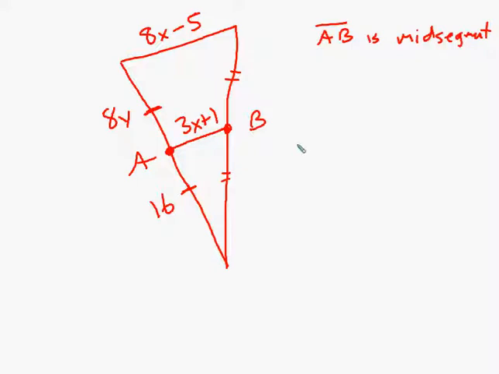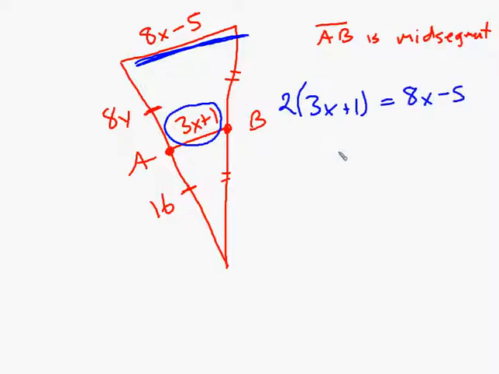What should we do? Do 3x plus 1 times 2 equals 8x minus 1. If I double this, I should get this. Does anyone not understand why? Okay, we distribute that 2, we get 6x plus 2 equals 8x minus 5.